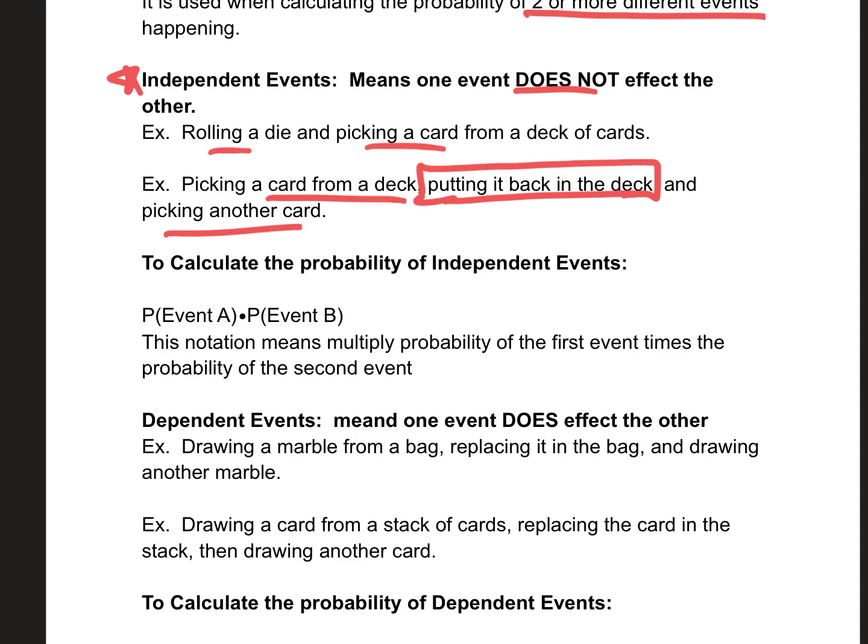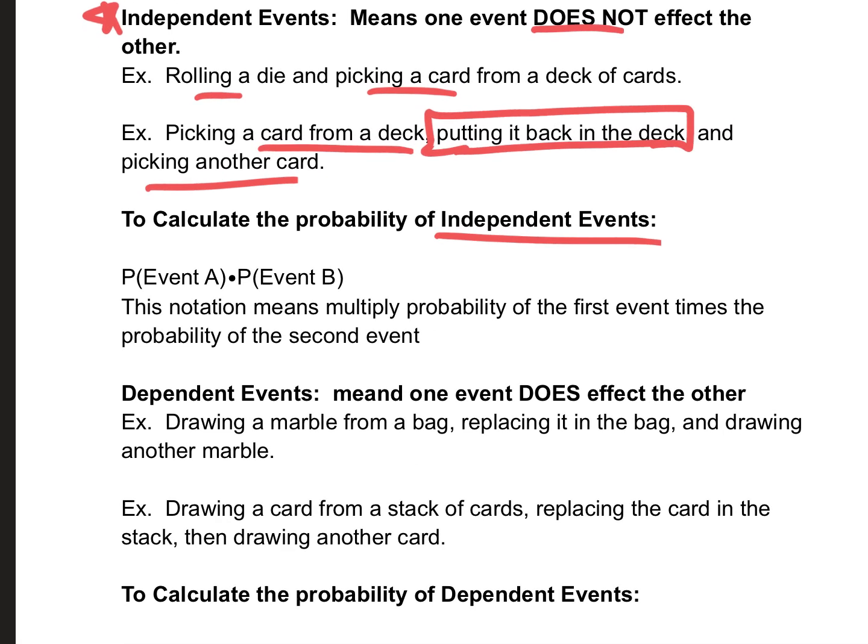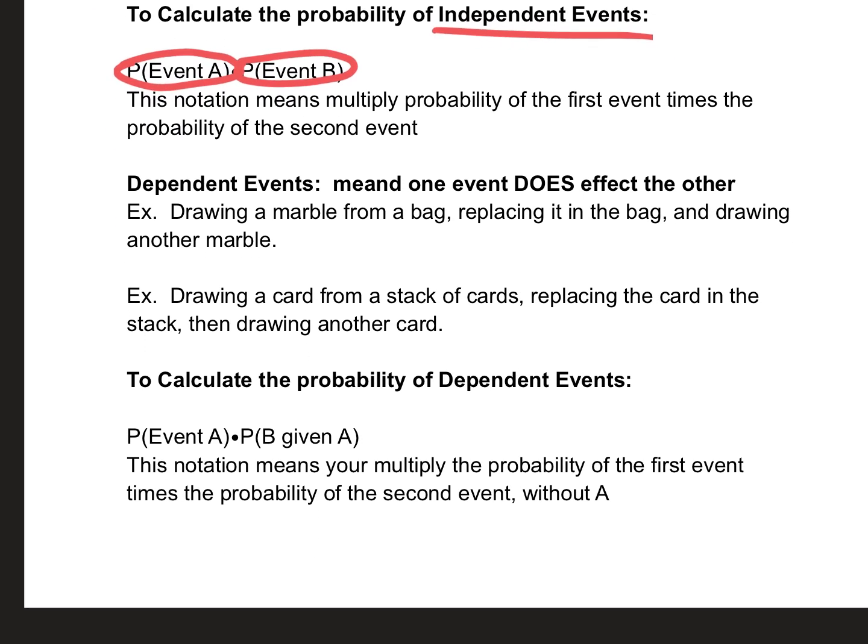And to calculate the probability of independent events, basically this is just some notation here. You're going to have the probability of event A, and you're going to multiply it by the probability of event B. And dependent events means that one event does impact the other.